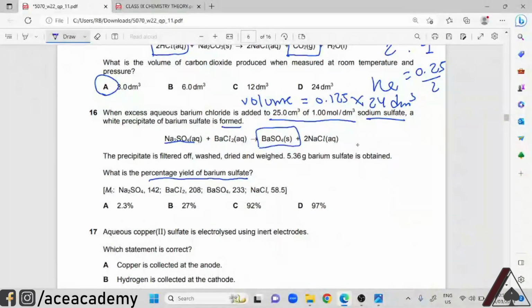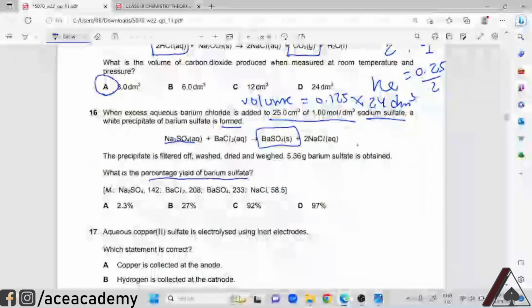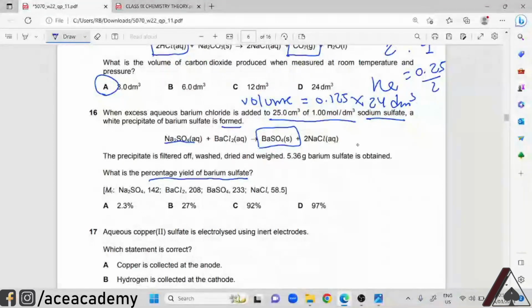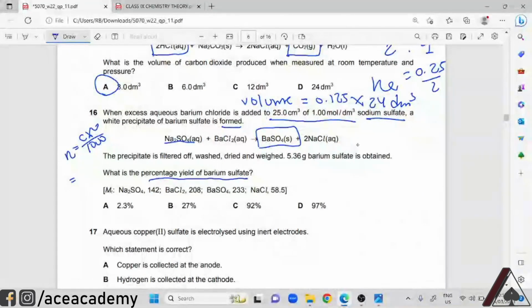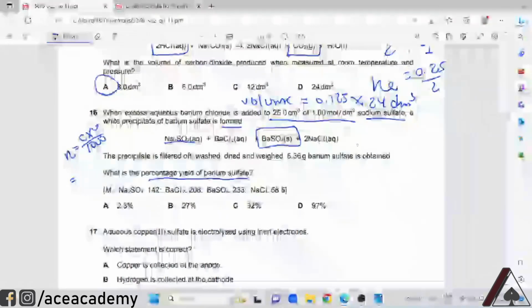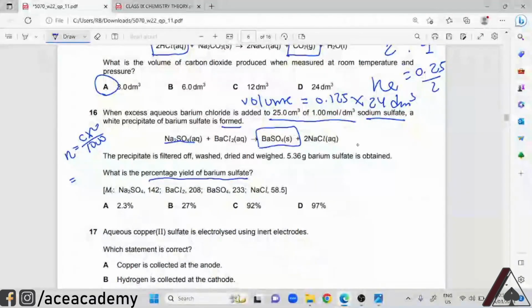So we have to find out how many grams of barium sulfate we are originally supposed to get by using the moles of sodium sulfate. So the moles of sodium sulfate will be concentration into volume divided by 1000, and we will get 25 multiplied by 1 divided by 1000, and it will give us 0.025.